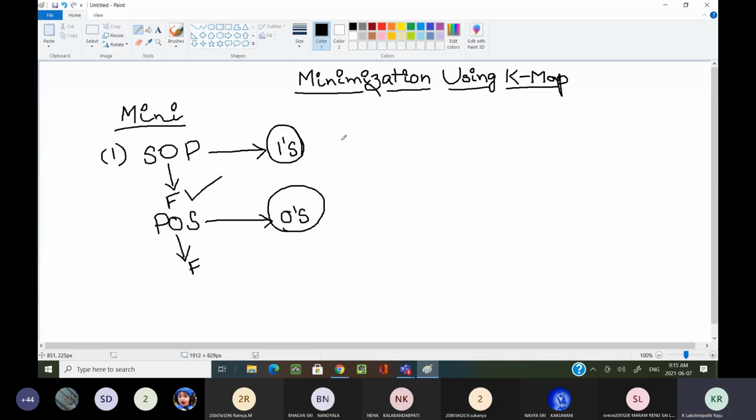Okay. Now after filling the map, what are we doing? After filling the map, we are always checking for the highest possibility of minimization, reduction.